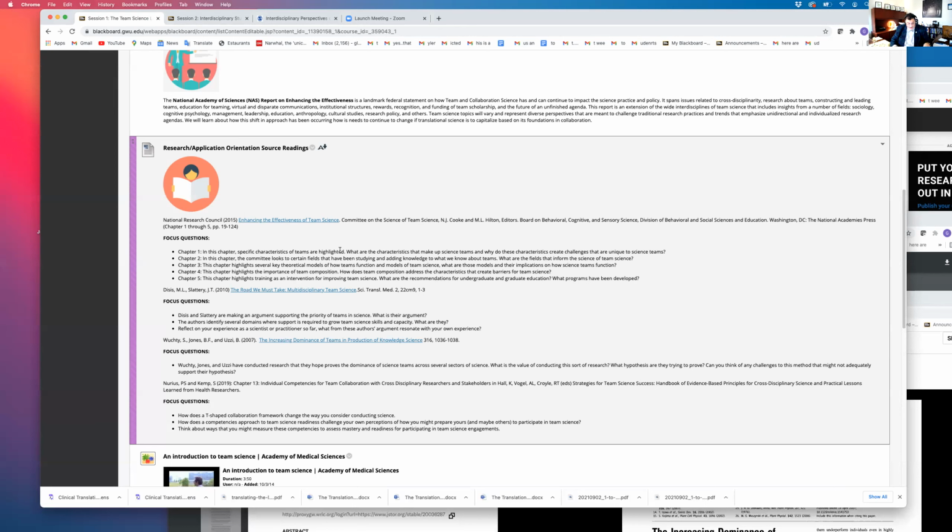So for instance, I'm just going to use the second one. It's on page 50, understanding the multi-network structure of contemporary scientific collaborations.